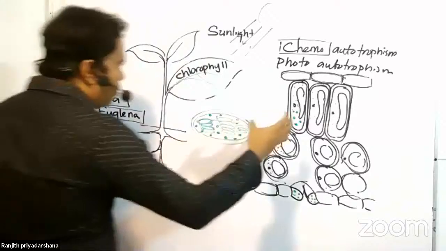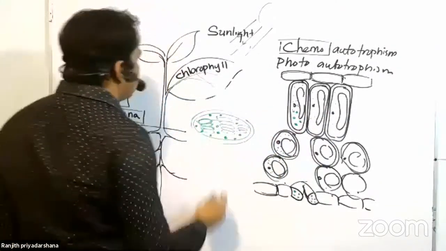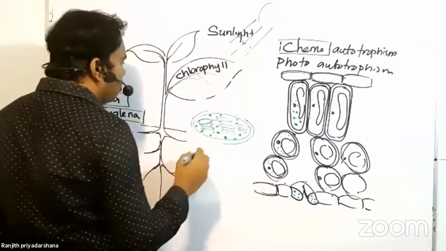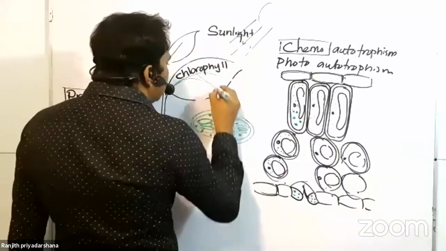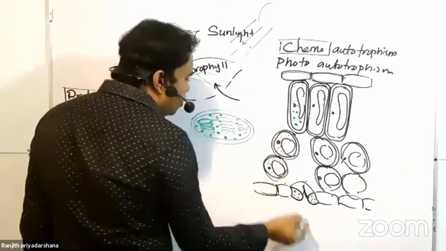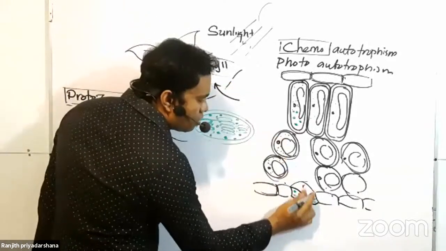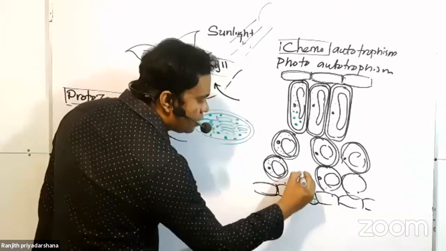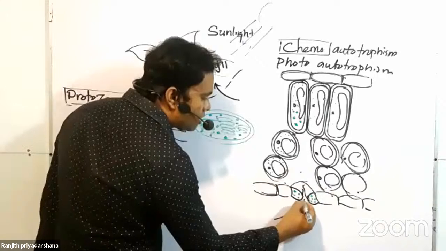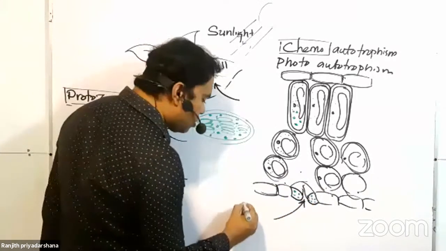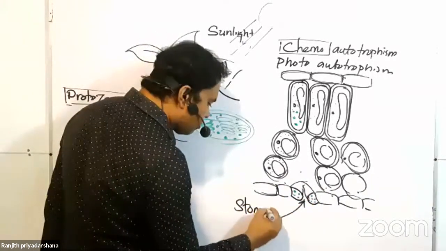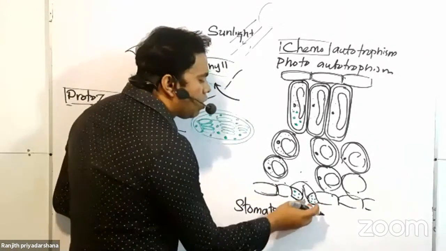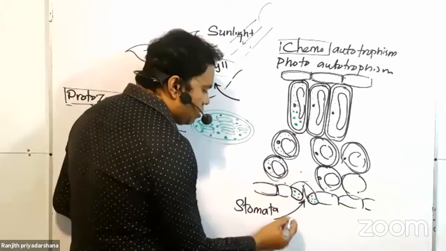Chloroplast and chlorophyll, don't confuse with that. Yes, sunlight, one factor. Another factor is chlorophyll pigments. Next one is absorbed through this guard cell opens, and this opening is known as stomata. So this is stomatal opening.